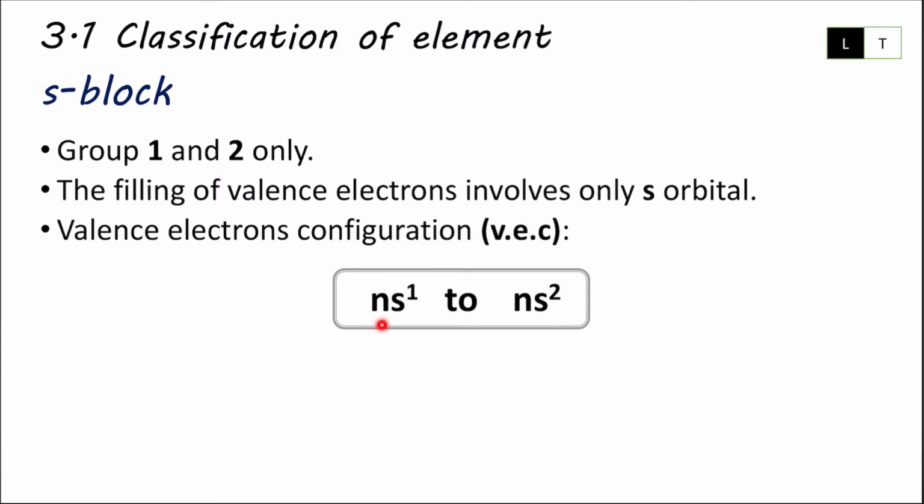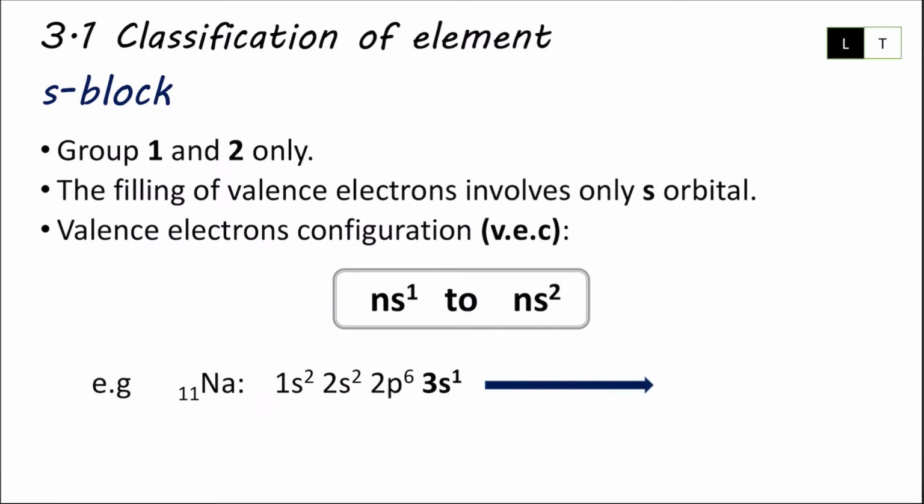So this is for group 1, this is for group 2. For example, I have sodium, where the last filled subshell will be 3s1, so I can conclude that sodium is in S block because the last electron, the 11th electron, will be in subshell 3s.